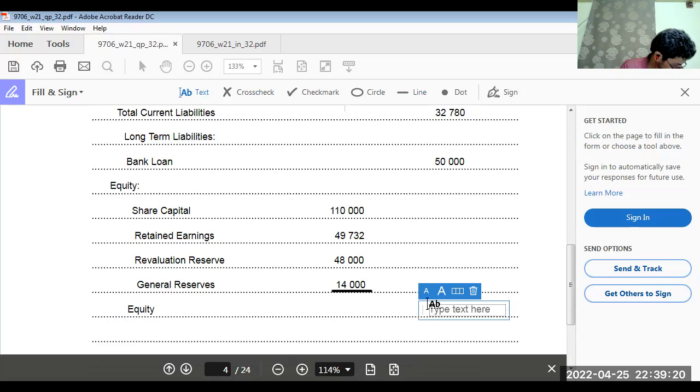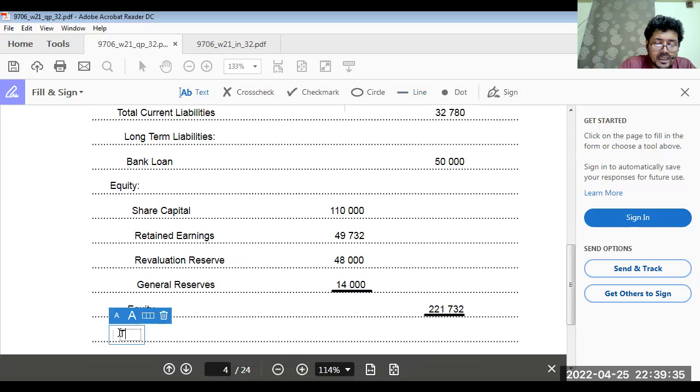This is 221,732. Okay. Now we can write it here, total equities.